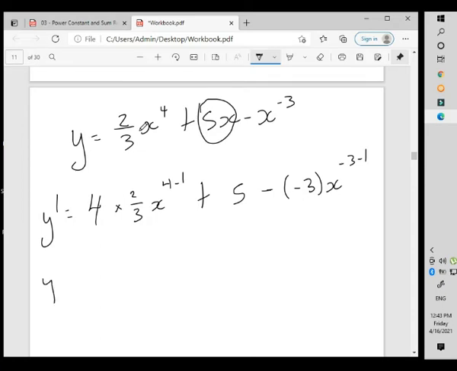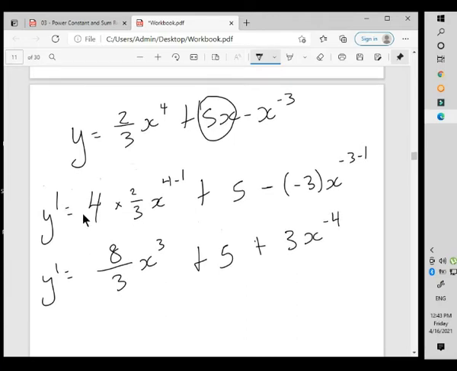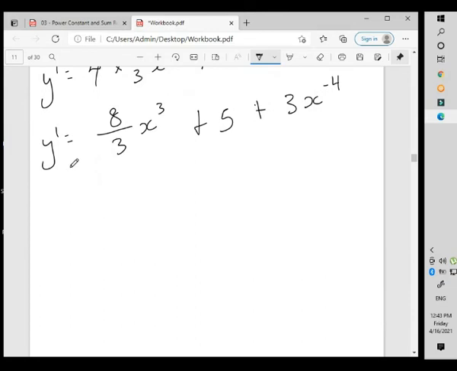So 4 2s are 8 over 3 x to the third power plus 5 plus 3x to the minus 4. Writing this out, it is equal to 8x cubed over 3 plus 5 plus 3 over x to the 4th.